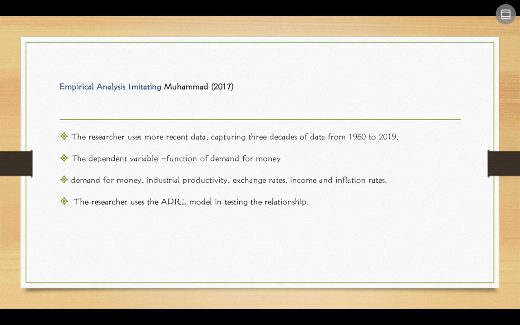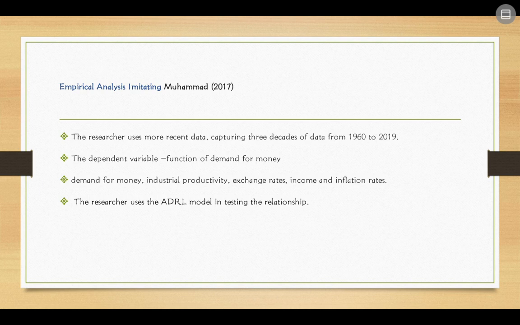The empirical analysis that I do is replicated from Muhammad 2017, and the method I used in this study imitated what was done in the study by Muhammad 2017. I used data from 1960 to 2019. This aimed to address the limited period of years of the initial study by Muhammad 2017, which covered 41 years.